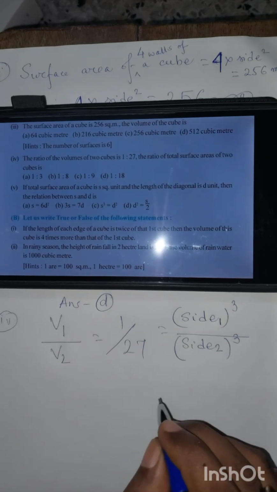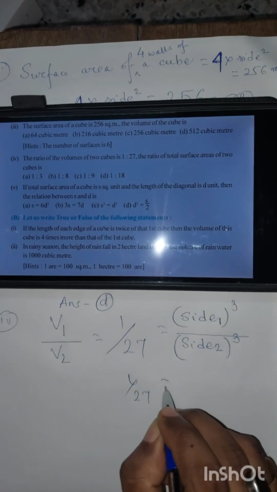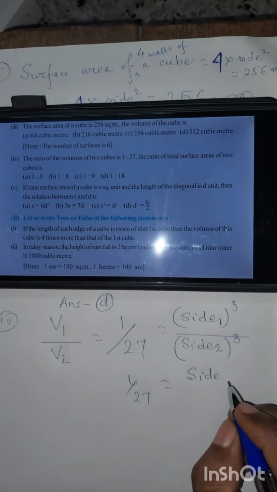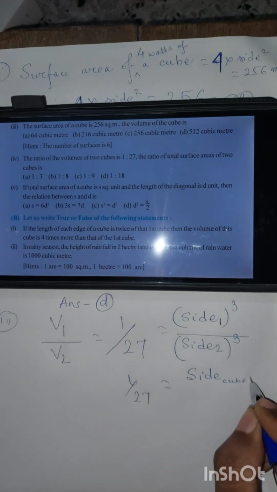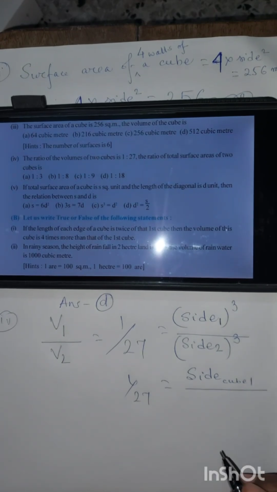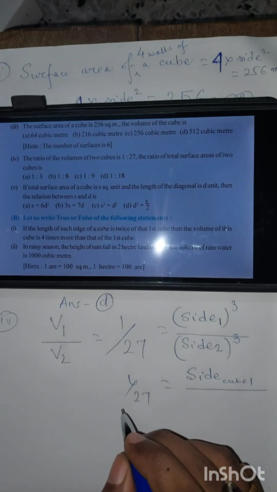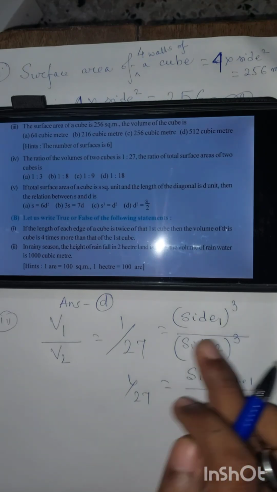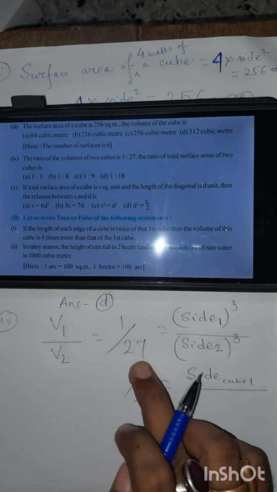Therefore, we can say 1 by 27 equal to side of cube 1 by side 2 cube. We are doing cube root to both sides of this equation.